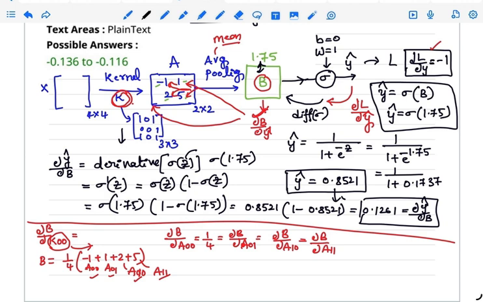With respect to A00, A10, A11, A01, all are equal. That is, the contribution of the matrix A to the final loss is equal. So that is average pooling in back propagation.